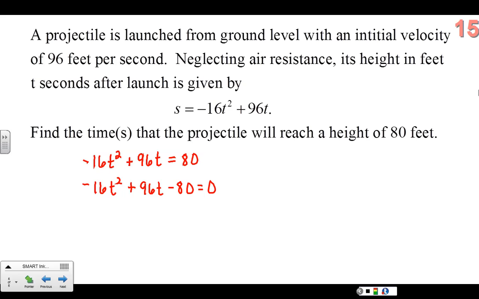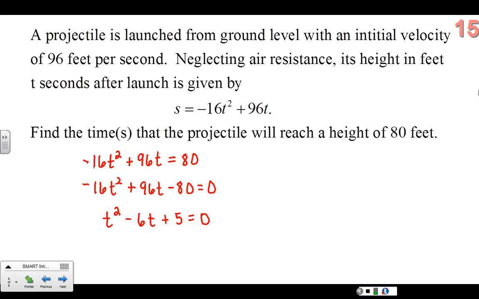We also don't like a negative coefficient if we can keep from having that. Let's see if my numbers are divisible by 16. 96 divided by 16 does work, and 80 divided by 16 also is divisible. So we can divide by negative 16. So t squared minus 6t plus 5. That's dividing through by negative 16.